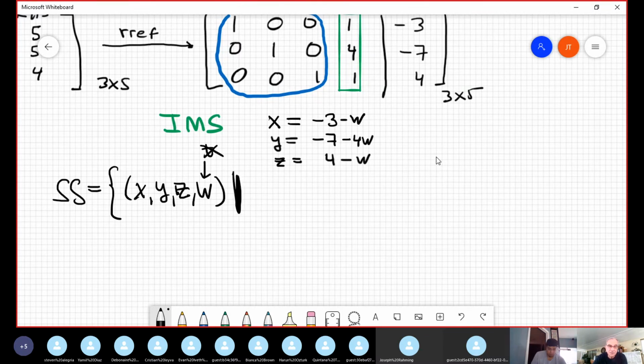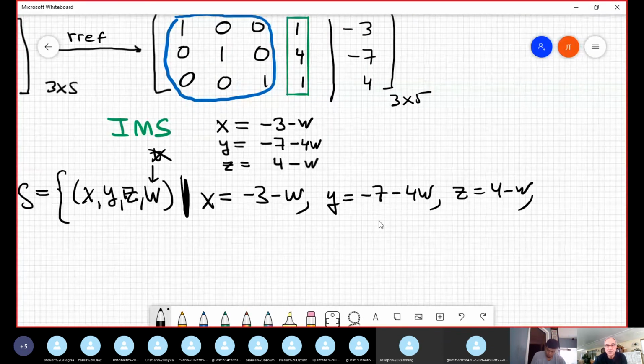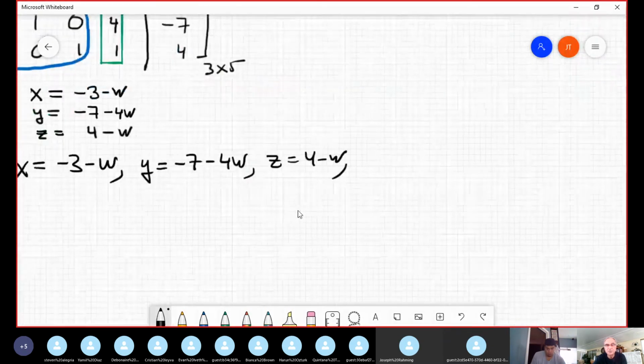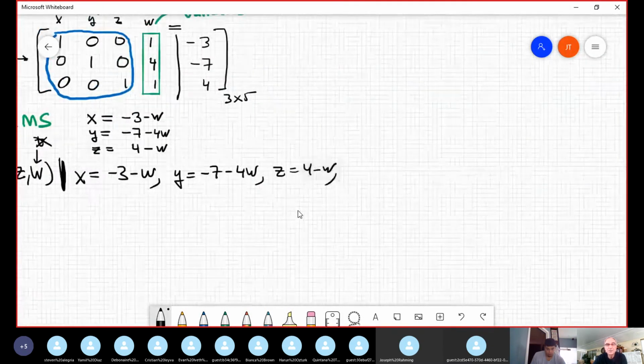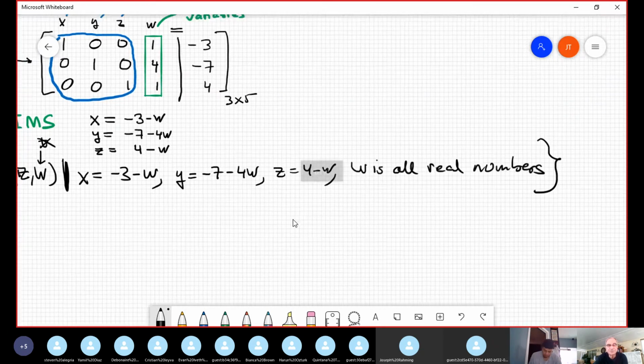Such that X is equal minus 3 minus W, comma, Y is equal minus 7 minus 4W, comma, Z is equal 4 minus W, comma, and W is all real numbers because it's free. Close the curly bracket, and this is the solution set.